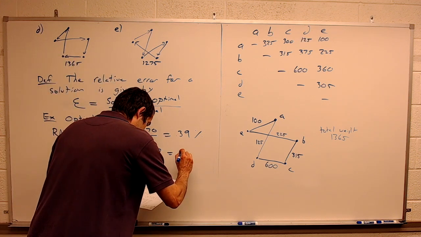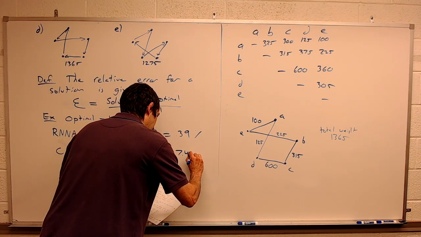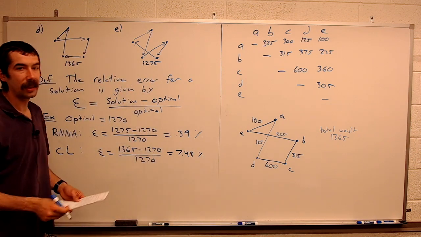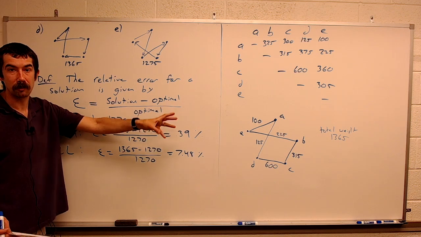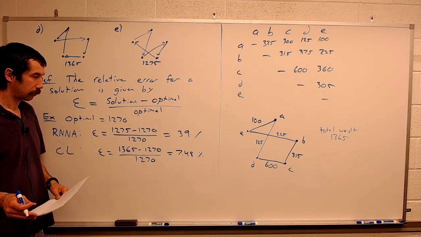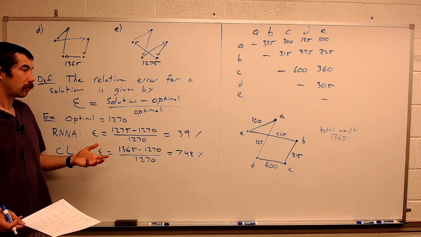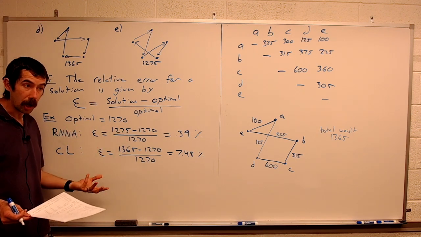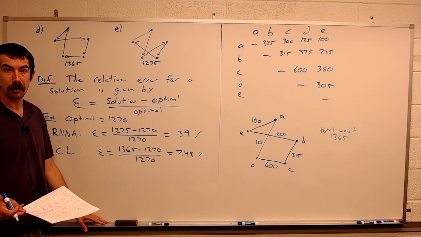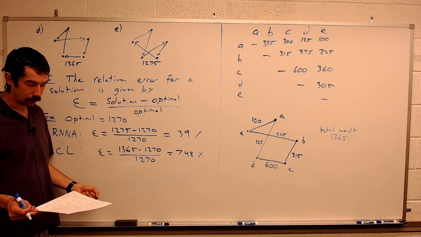And we get an error of 7.48%. Okay, that's still pretty good, especially since it's not very computationally difficult to run either of these algorithms. Okay, so these are both pretty good algorithms for finding good, not perfect solutions to the traveling salesman problem.